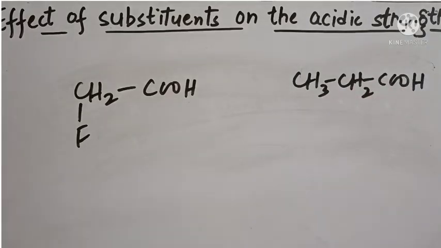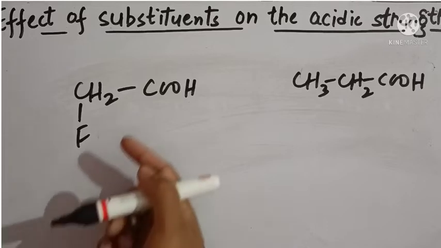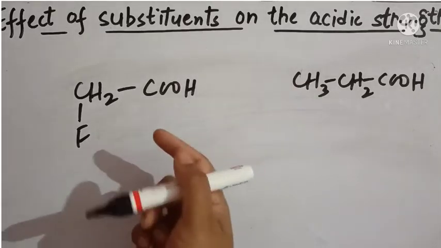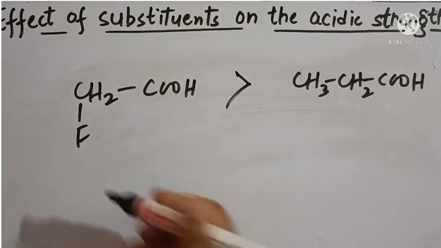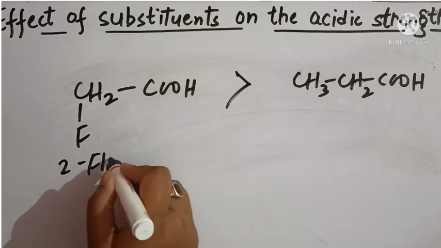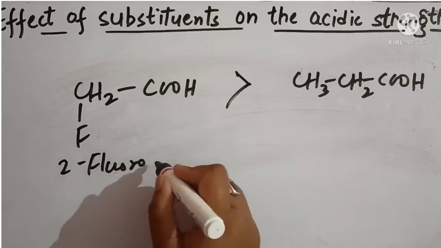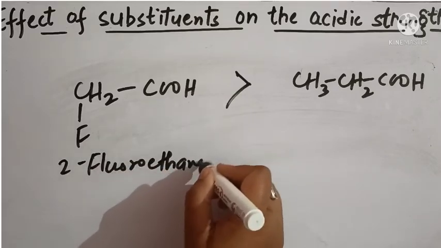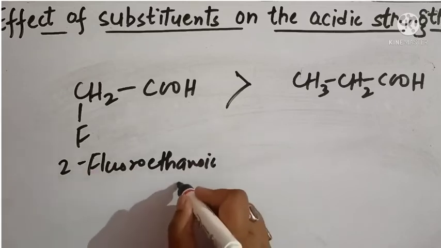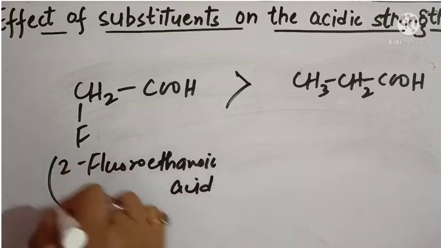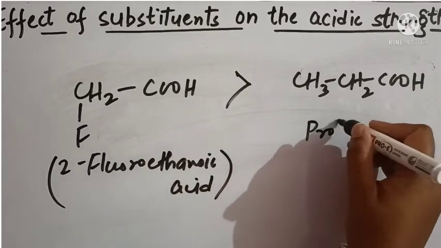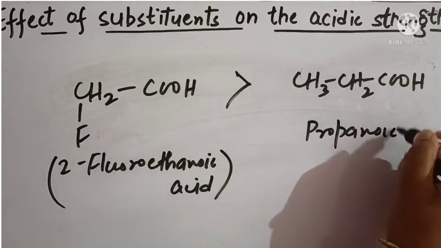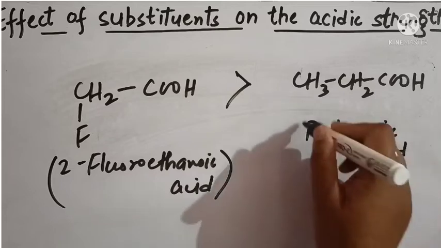Okay, between these two compounds, you can simply say that the acidic strength of this compound is quite greater. Yes or no? That means 2-fluoroethanoic acid is more acidic in comparison to propanoic acid.